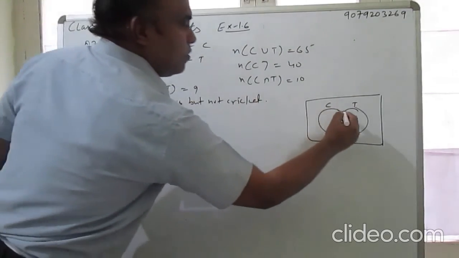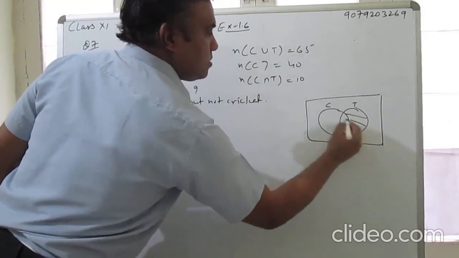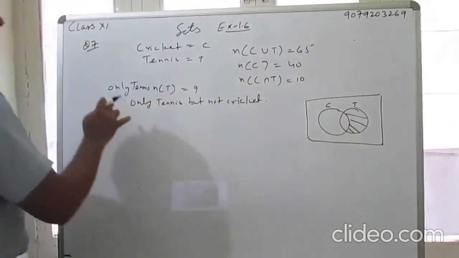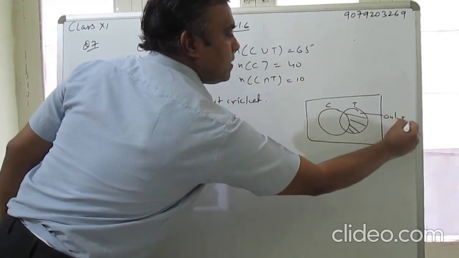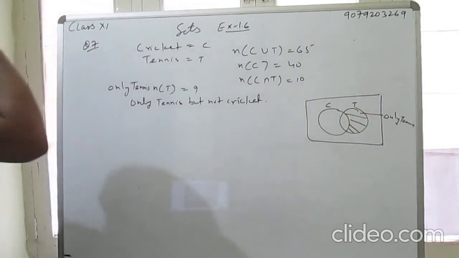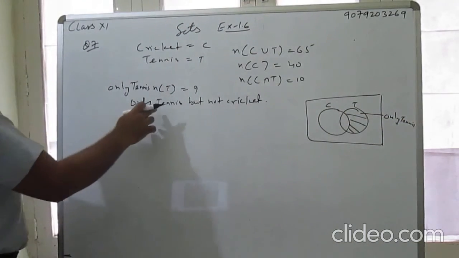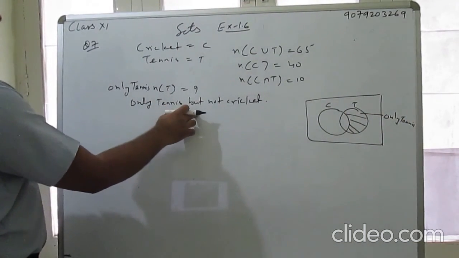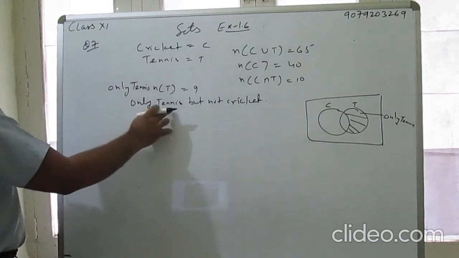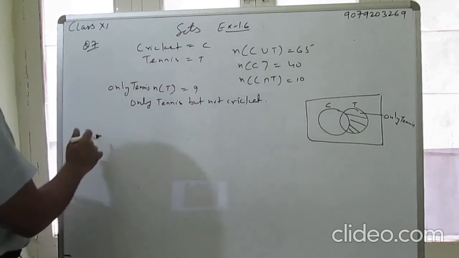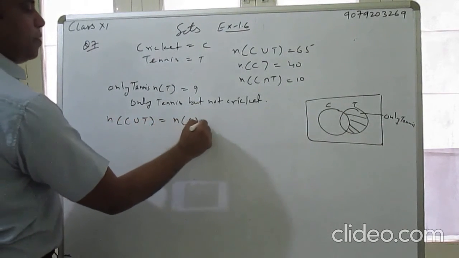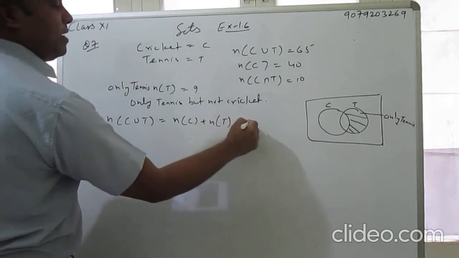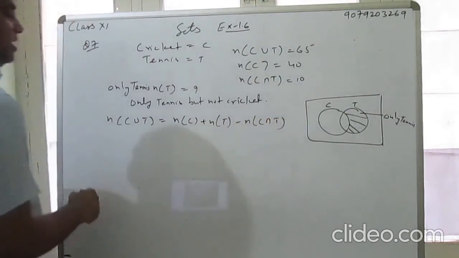When you have to find only tennis, it is this part, not the intersection. Only tennis but not cricket. So n of C union T is equal to n of C plus n of T minus n of C intersection T.